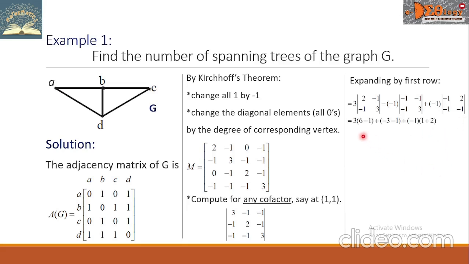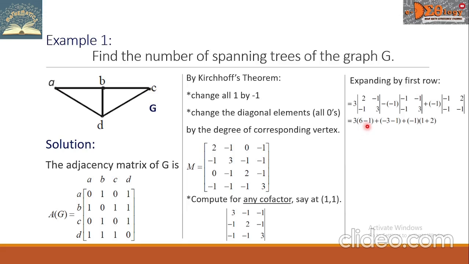Evaluating this, we will have 3 times the quantity 6 minus 1, plus the quantity -3 minus 1, plus -1 times the quantity 1 plus 2. Now let us simplify further.